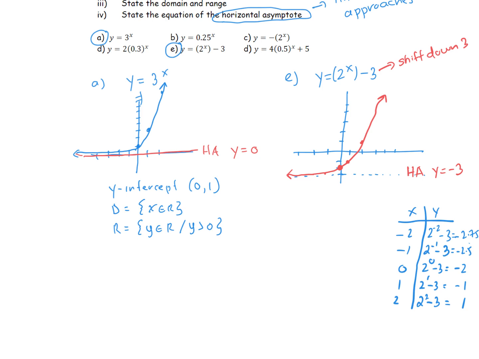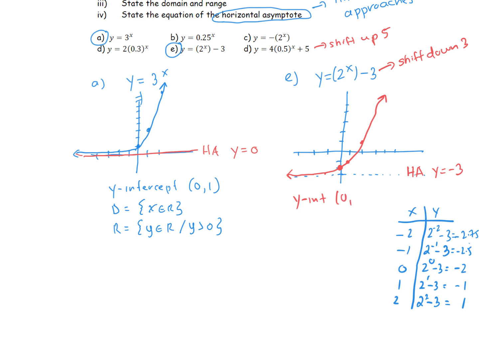So the horizontal asymptote is always at 0 unless you have a number added or subtracted that will shift it up and down. So in question D here, that's going to shift up 5. So my horizontal asymptote is going to be at 5 this time. So the y-intercept also changes because it's shifted down.